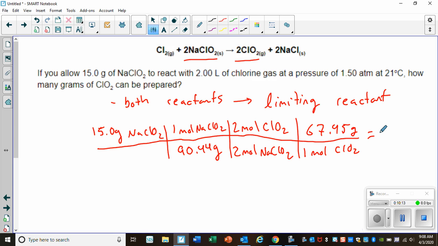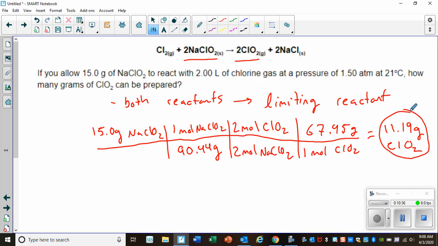So 15 times 67.45 divided by 90.44 gets you 11.19 grams ClO2.